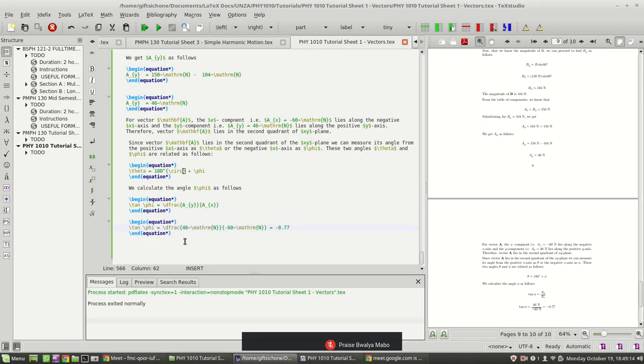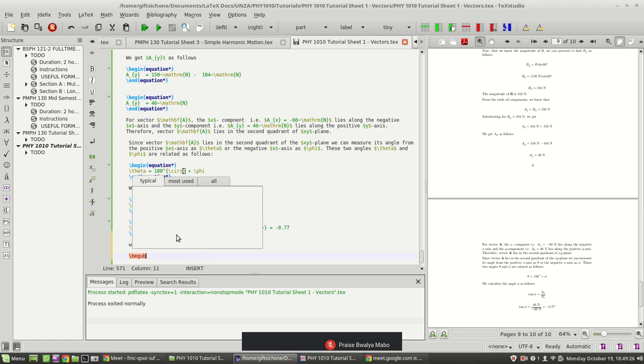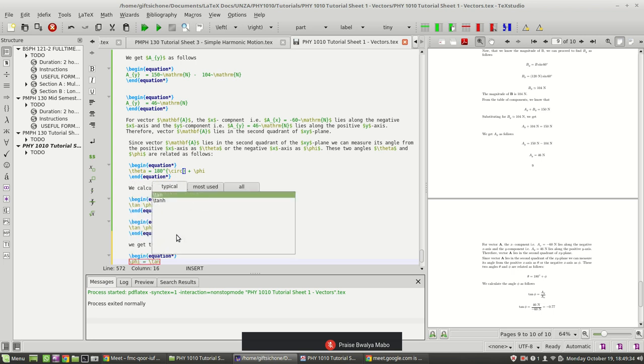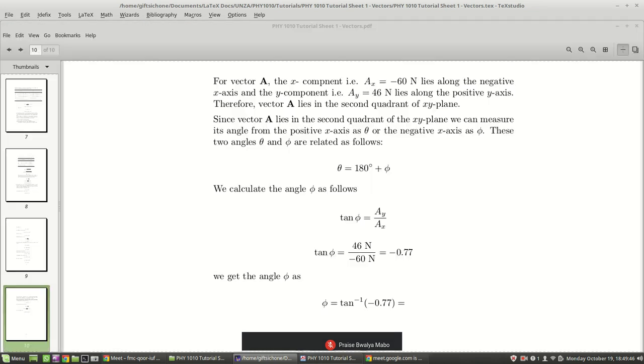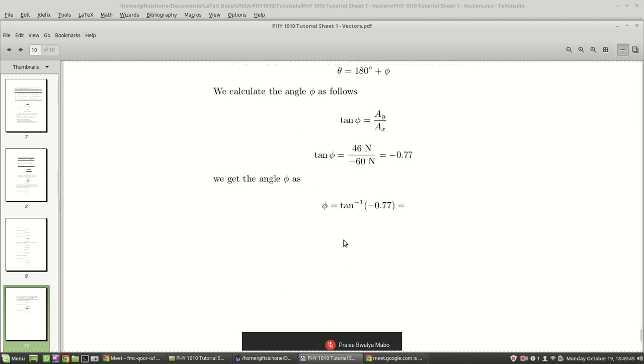Okay, so next we find the angle phi. Phi is tan inverse of negative 0.77.